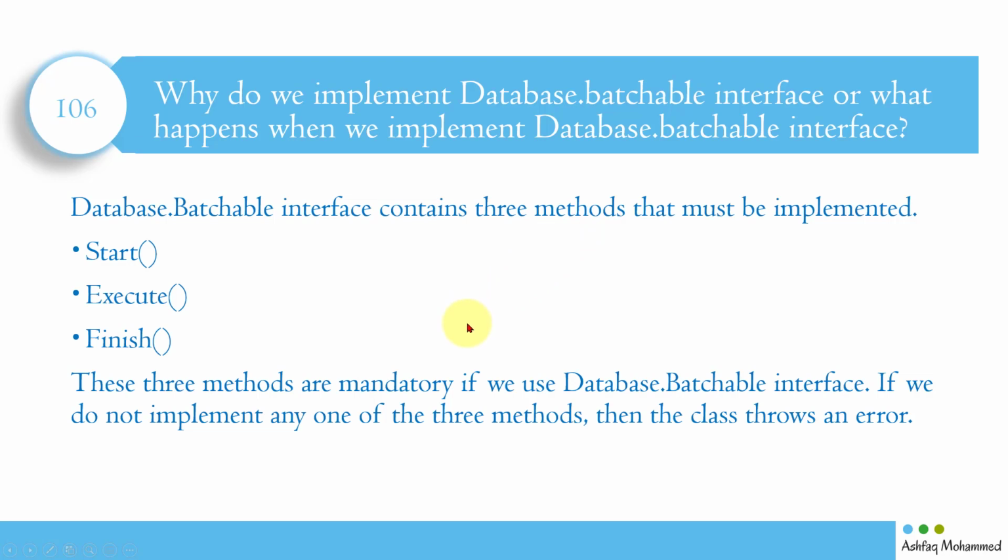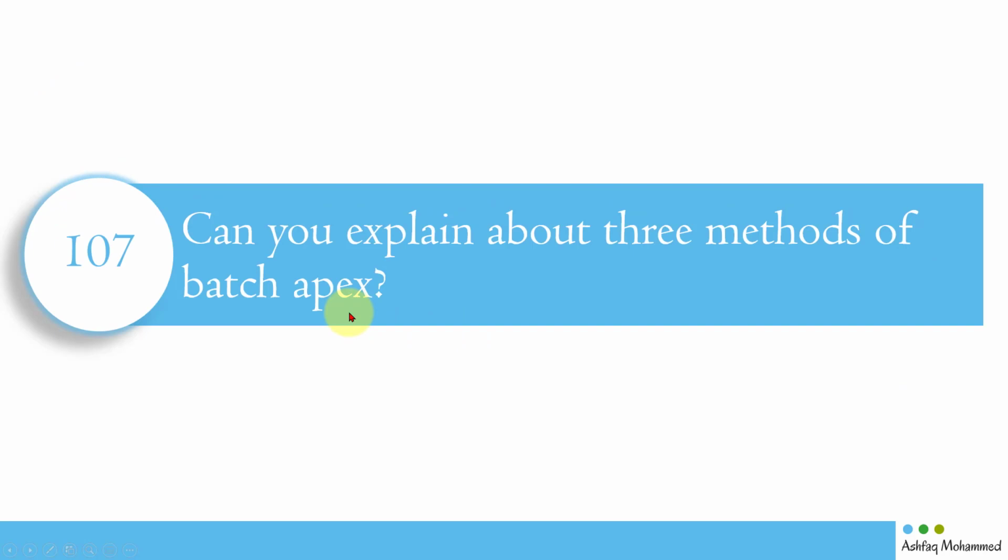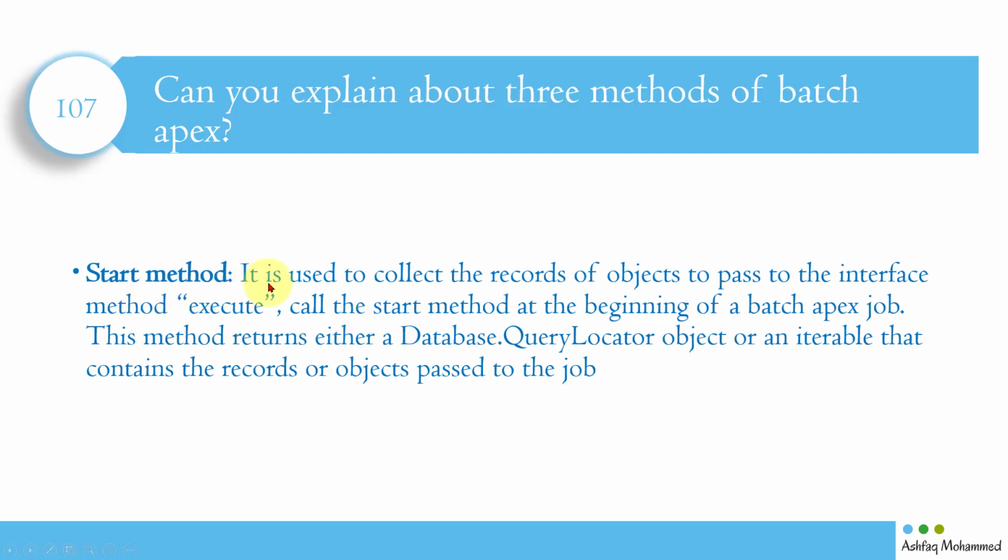Okay. Cool. Let's go to the next question. Can you explain the 3 methods of batch apex? So now we have to explain what each method does exactly. Okay. So the start method is used to collect the records of the objects to pass to the interface. I have just explained that we can process millions of records, but let's take, as an example, 10,000 records.